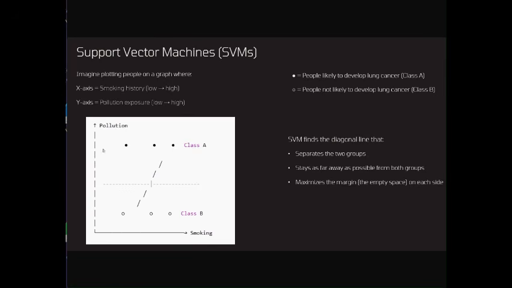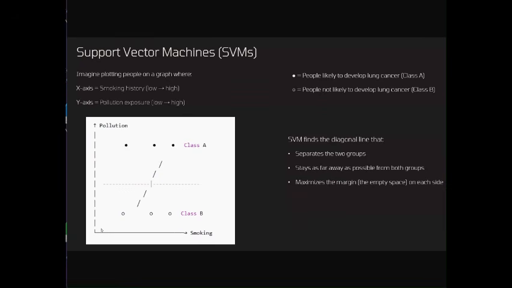So the more they smoke, the more they are in a place of pollution, they will most likely develop it. So when you have a line that cuts across like this, it means that as smoking is increasing, pollution is also increasing.